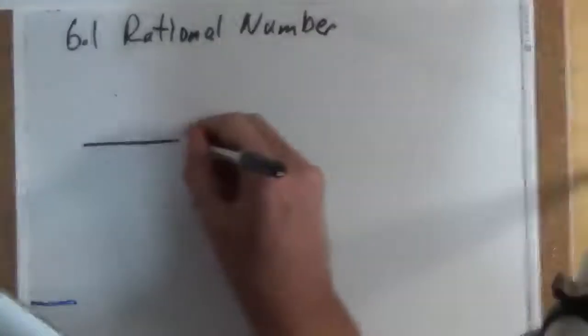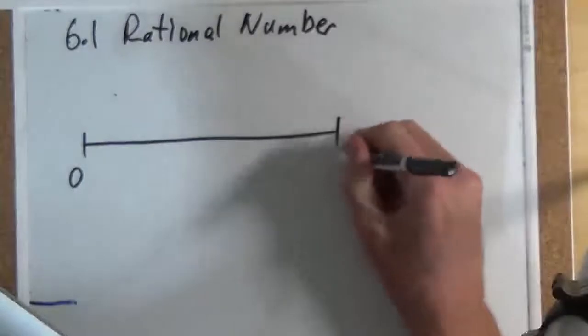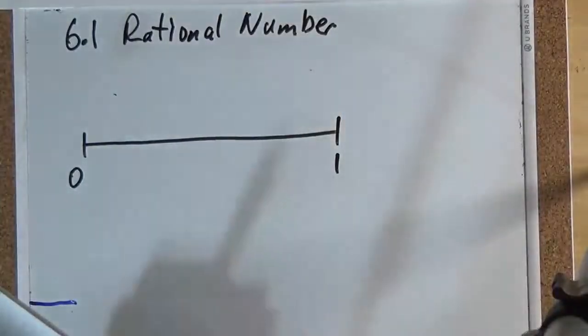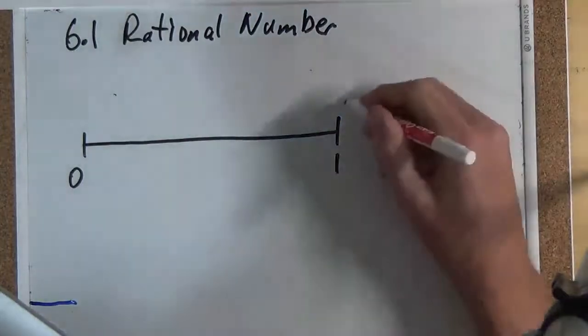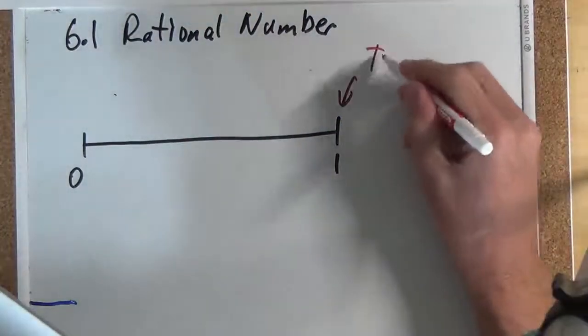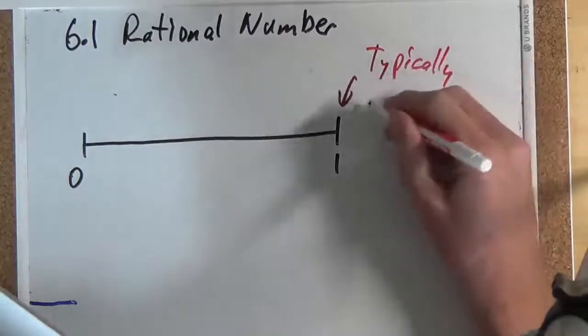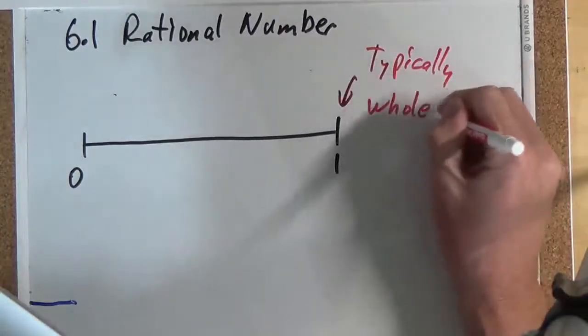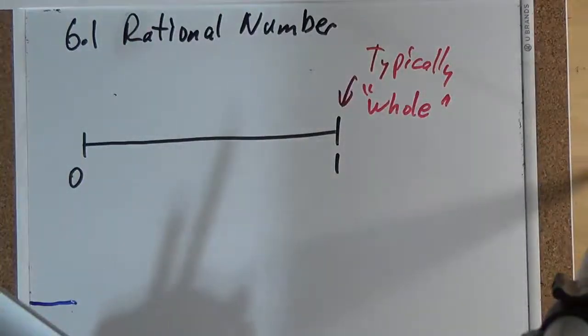So I'm going to look at a number line, going from 0 to 1. Typically this is meant to be the whole. But not always, because I'm going to shift the whole on you in the next example.